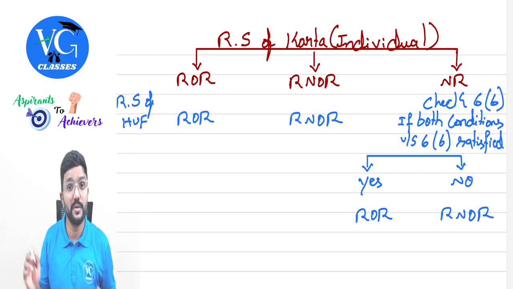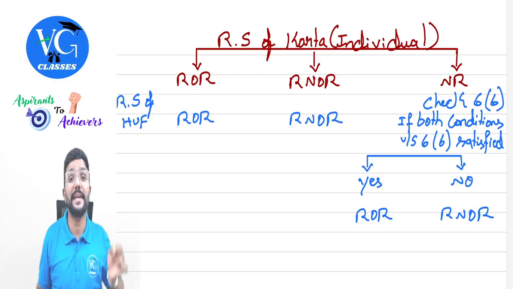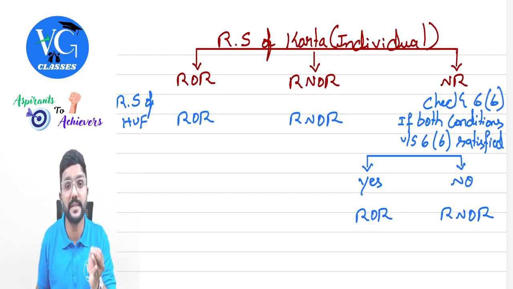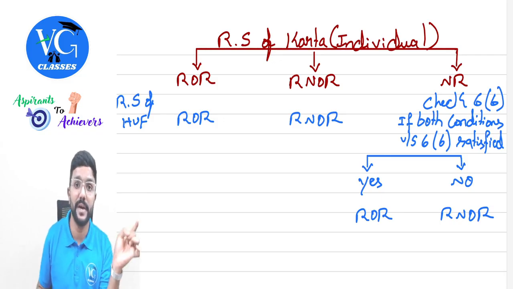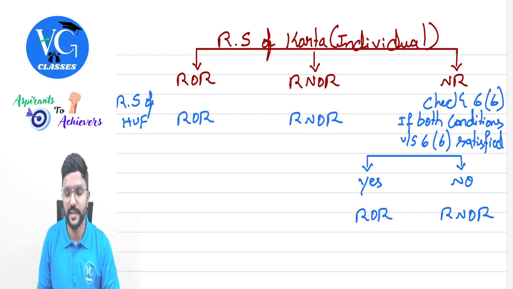No. Please don't tell that HUF is a not ordinary non-resident. Guys, Karta is non-resident, but HUF's control and management is in India. That means they're resident. Now we are checking whether they are ordinary or not ordinary. That's all.